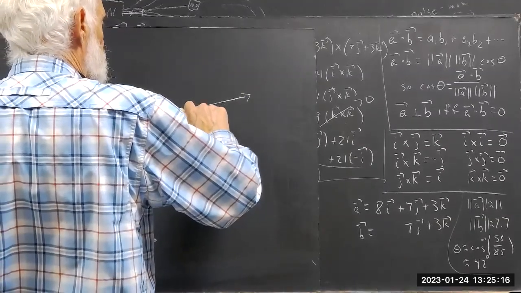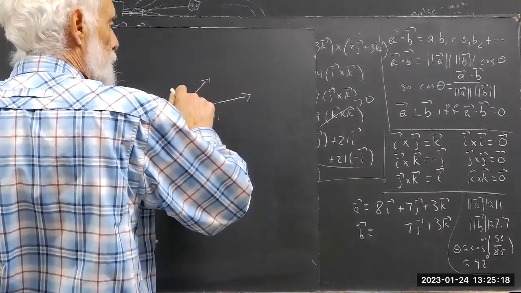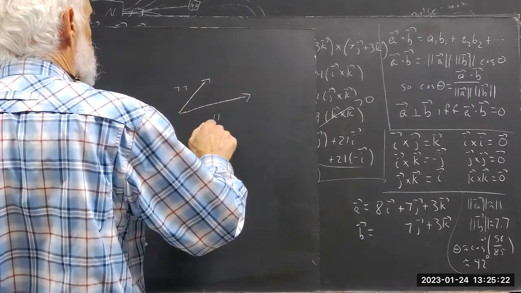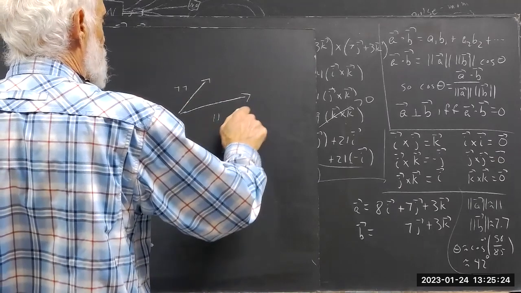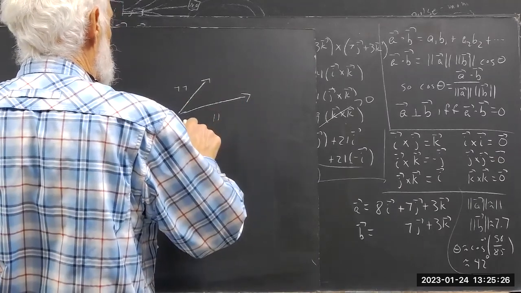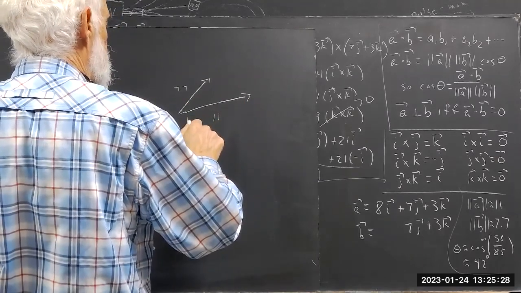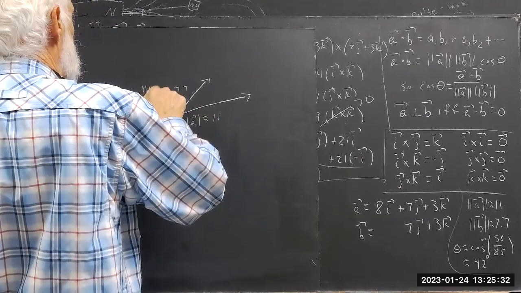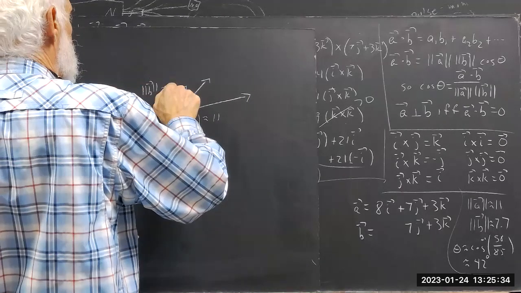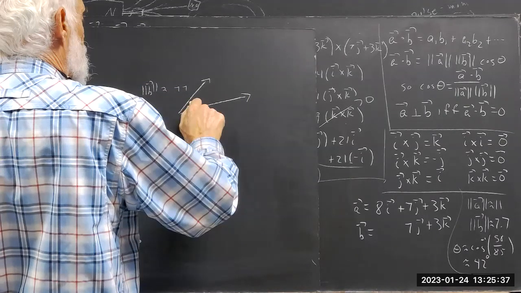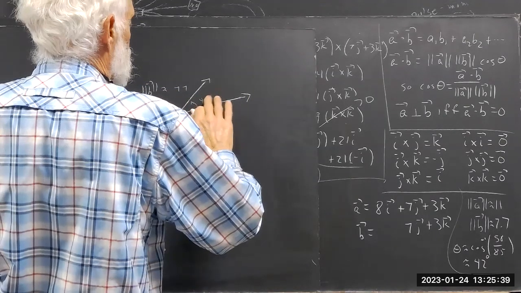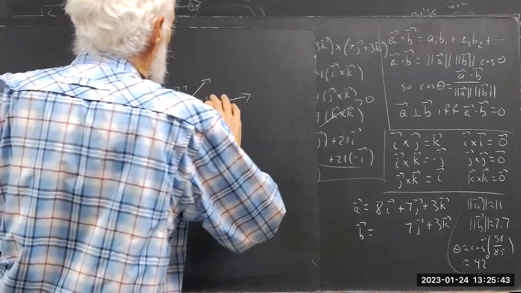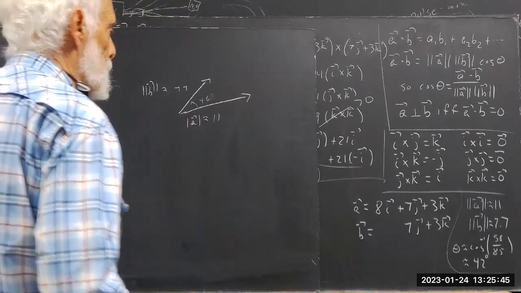We've got another vector, maybe here. It's a little shorter. Its magnitude is about 7.7. Okay. This is our A vector. And this angle is maybe 42 degrees or 46 degrees or whatever. You got some angle. It doesn't matter.